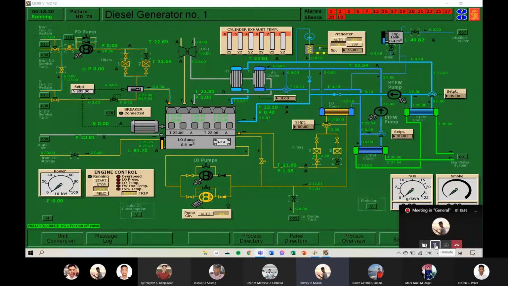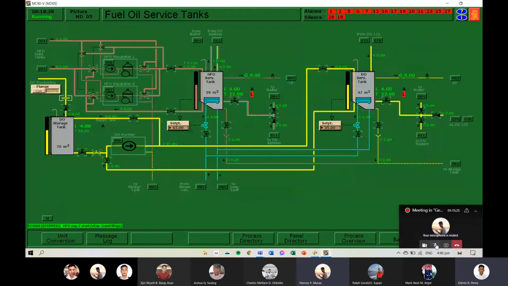Kindly go to Directory 5, heavy fuel oil service tanks. Next, open the diesel oil suction valve from diesel oil service tanks. Done. Open the diesel oil supply valve to DG1 and 2. Done.